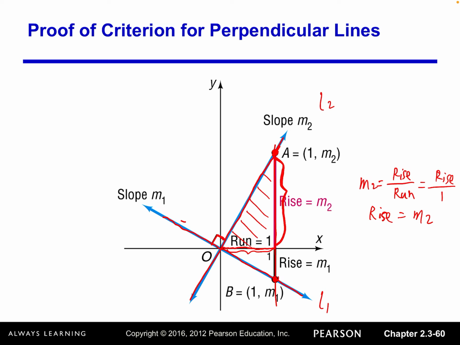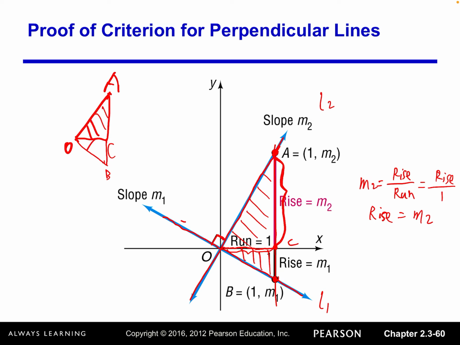Now, if I call this point C, this triangle AOC is similar to the other triangle right here, BOC.